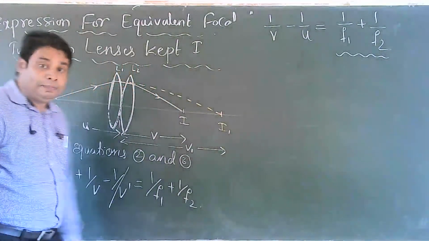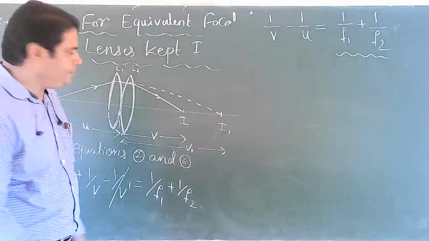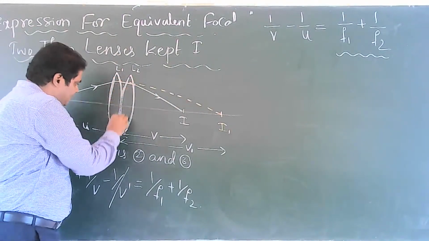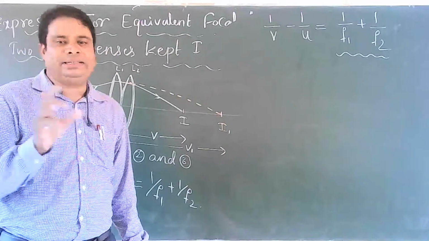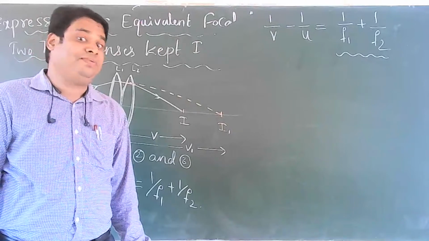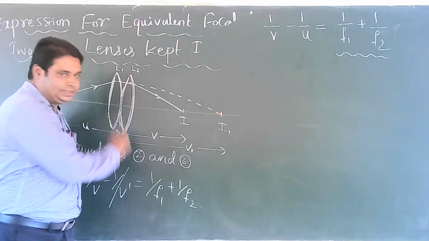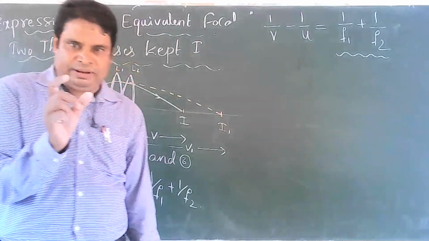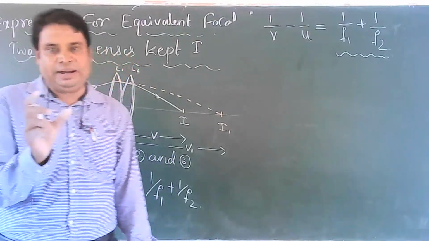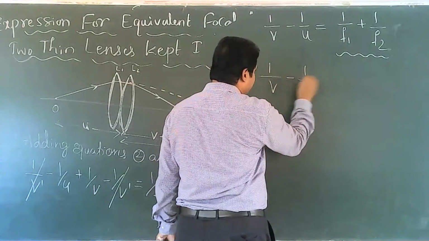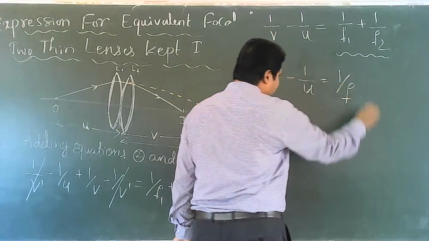Now, please listen carefully. If we replace the sum of these two lenses by an equivalent lens of focal length f, let me repeat, if we replace these two lenses by a lens of equivalent focal length, say f, then we can definitely write 1 by v minus 1 by u is equal to 1 by f.